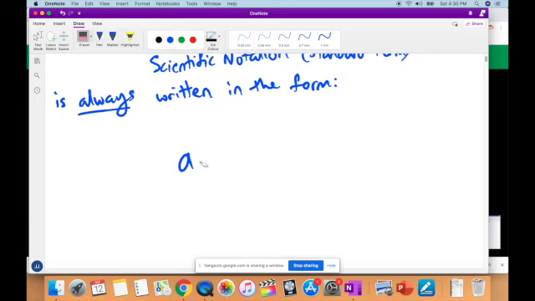So it's A, I don't want to put the decimal. A times 10 to the n.